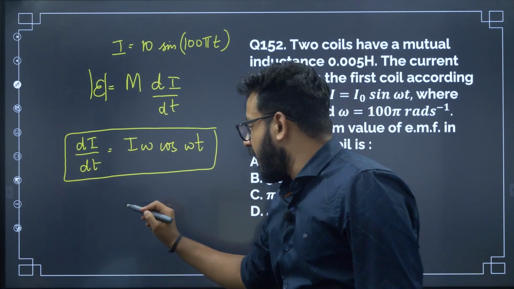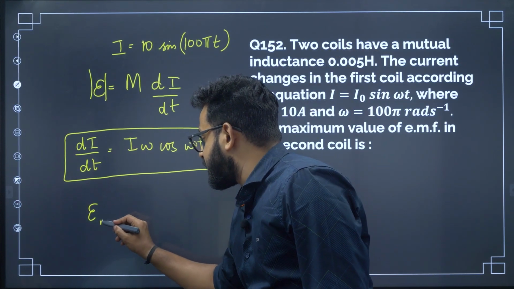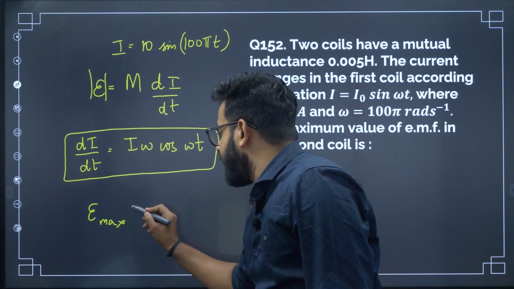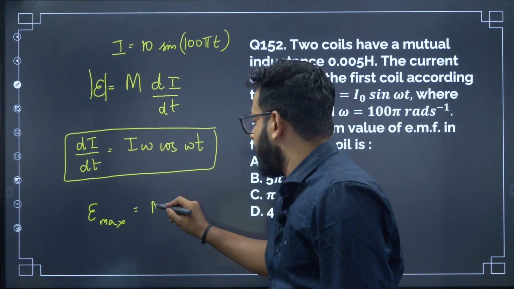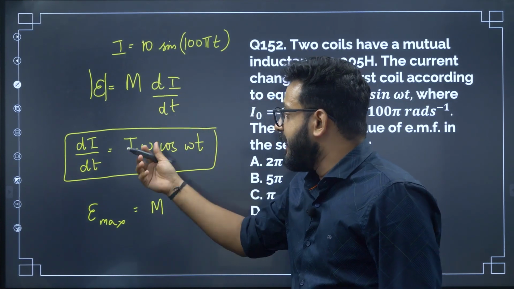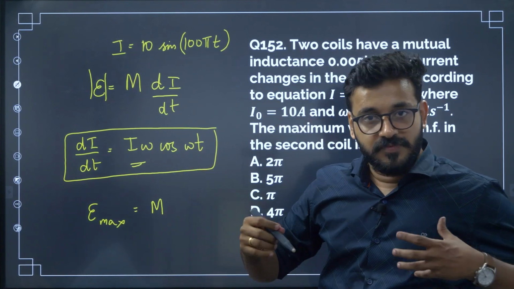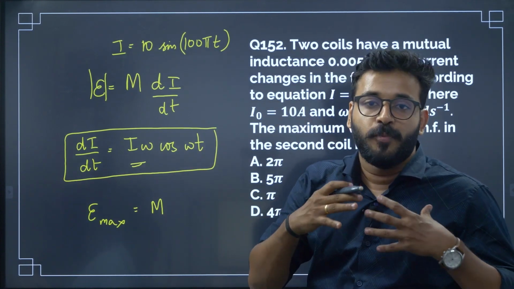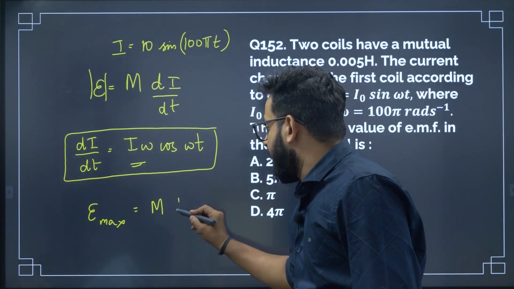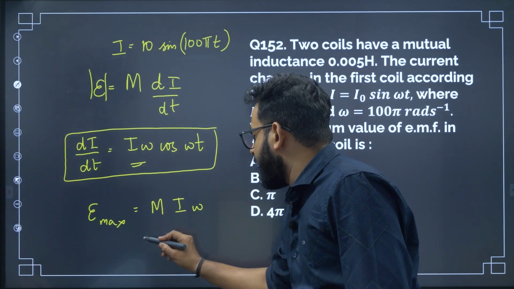But when we are going to find the E max, we only need M, and in the di by dt we only need I omega. We don't need the cos omega t because we are finding the maximum. We are assuming the cos portion to be 1. So I omega. Now substitute all the values.